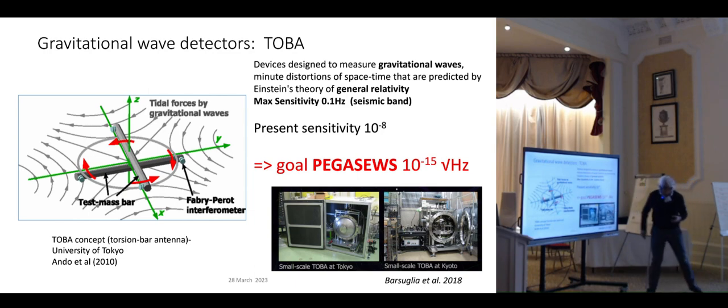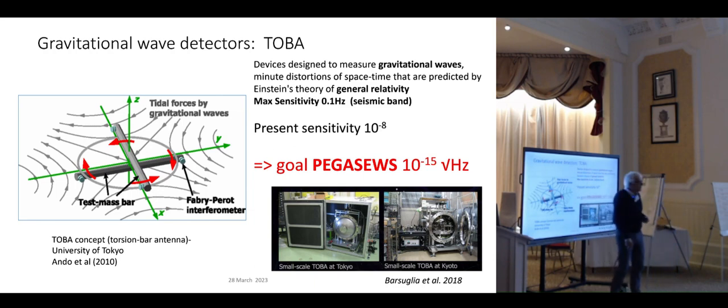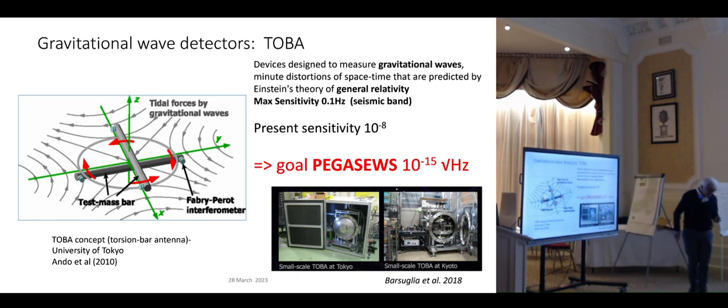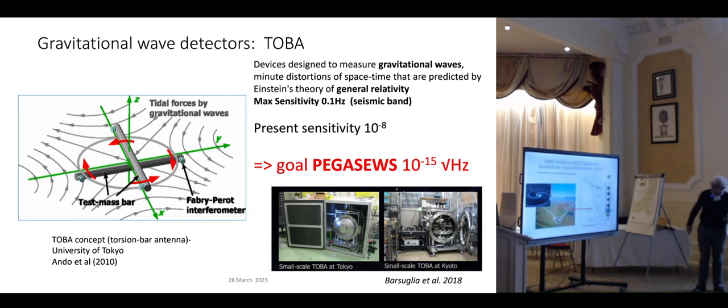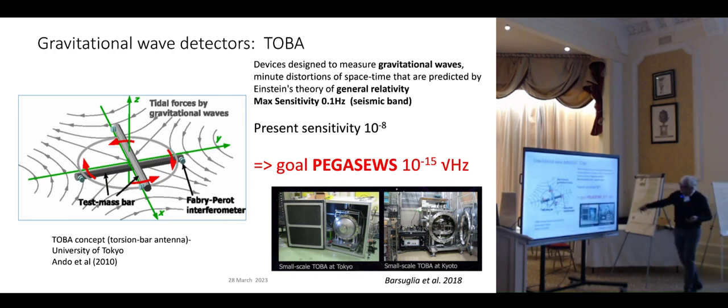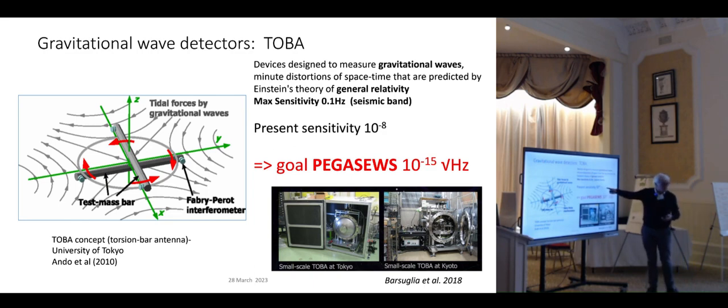These are some mock-ups of this TOBA, and we started to work on how to develop a TOBA instrument, a torsion bar instrument, for our application in seismology. Of course you easily realize that there is a huge gap between 10⁻⁸ and 10⁻15.